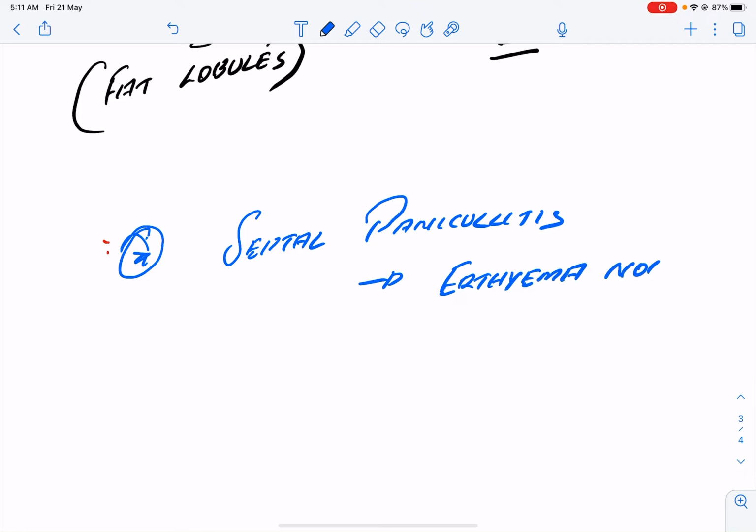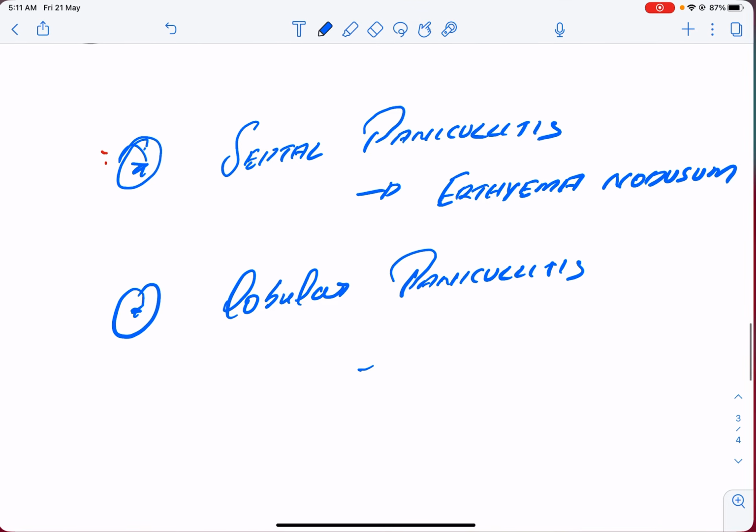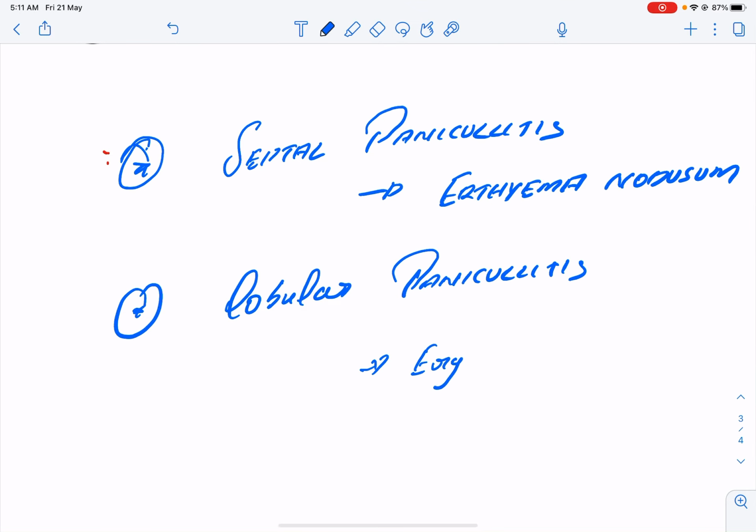Then we have something called lobular panniculitis. It is seen with, remember, erythema induratum.